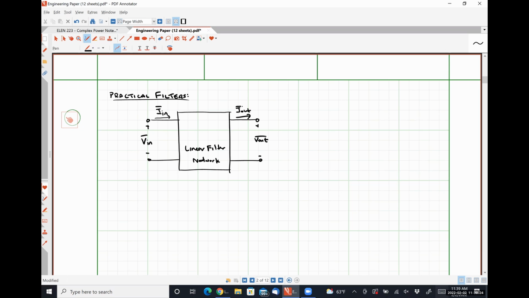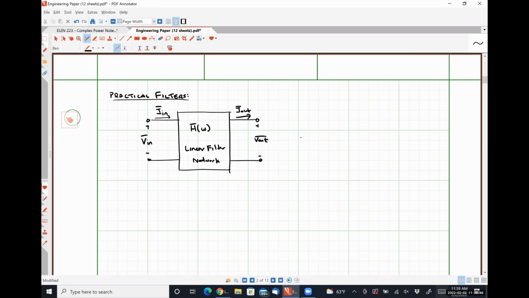And how our circuit operates on these inputs to generate our outputs is what's called the transfer function, which we're going to call H of omega. In this class, we're specifically going to be looking at voltage transfer functions. Okay.